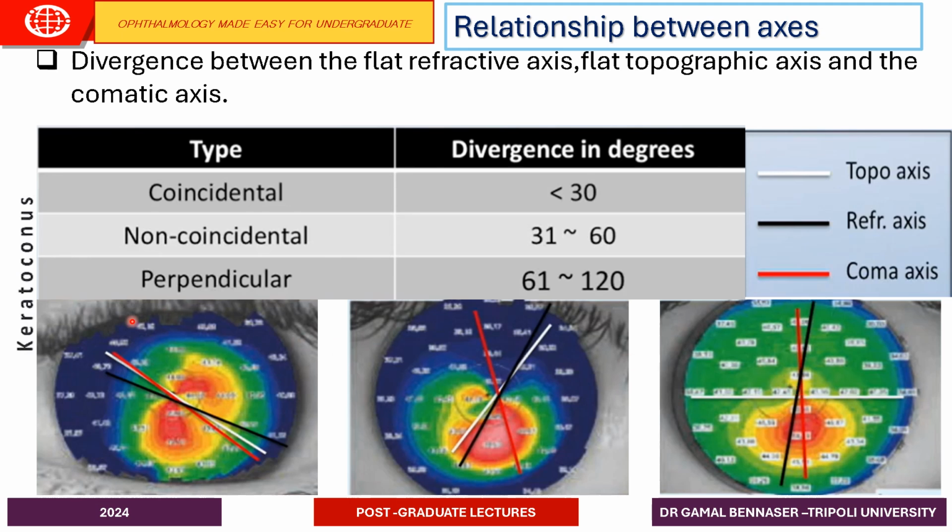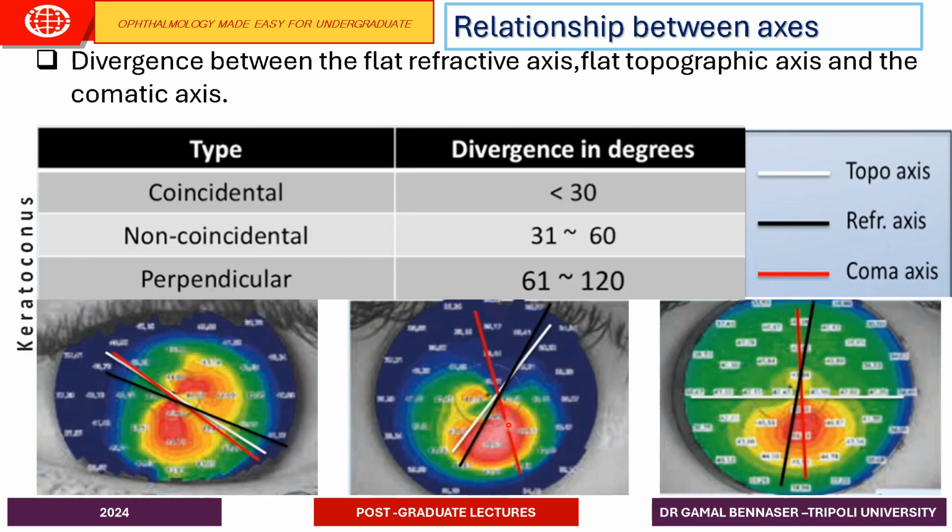Now, the patient will be lucky if the three axes are coincidental, so that when we place the rings, this will correct the regular astigmatism as well as the coma aberrations, and the patient will have significant improvement in his vision quality. However, if there is divergence or discrepancy between these axes, we have to sacrifice one axis and look at what the main problem is.